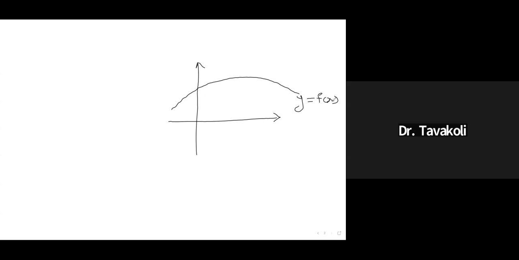Suppose g of x looks like this, y equals g of x. And I want to find the area from a to b of the region which is bounded by these two functions, or which is enclosed by these two functions. So I'm looking at the area of this region.